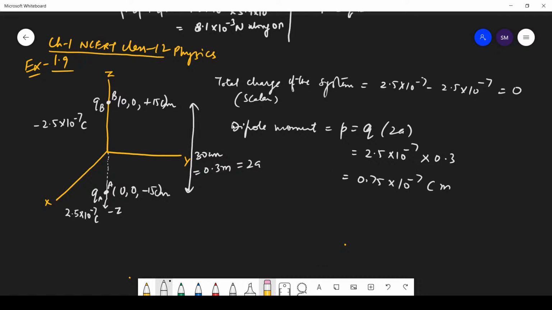And the dipole moment is a vector quantity. So we have told the magnitude, and now we will tell the direction.